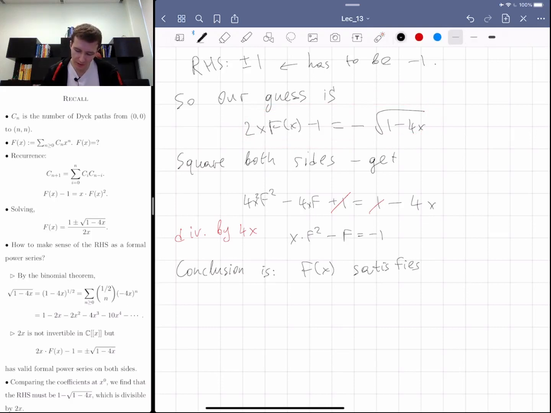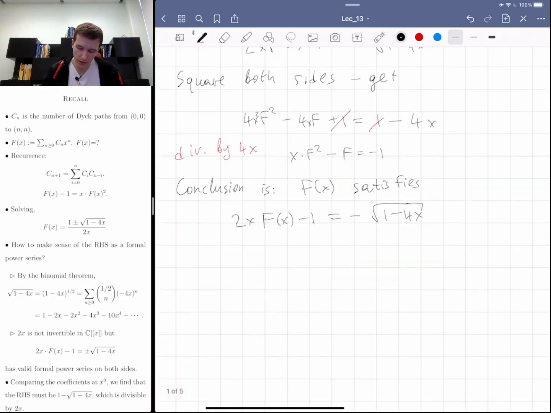But anyways, the point is that f of x satisfies 2x f of x minus 1 is equal to negative square root of 1 minus 4x. And therefore, f of x is 1 minus square root of 1 minus 4x over 2x. So that's the end of the proof, I guess.